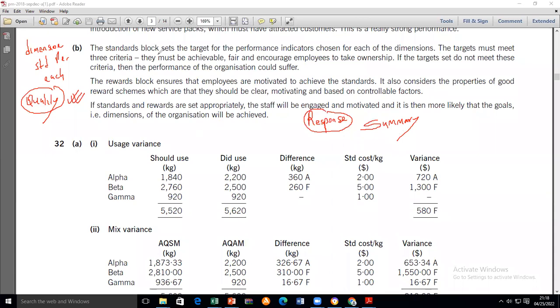The standards block sets the target for the performance indicators chosen for each dimension. So you've got performance indicators for each one of the dimensions.